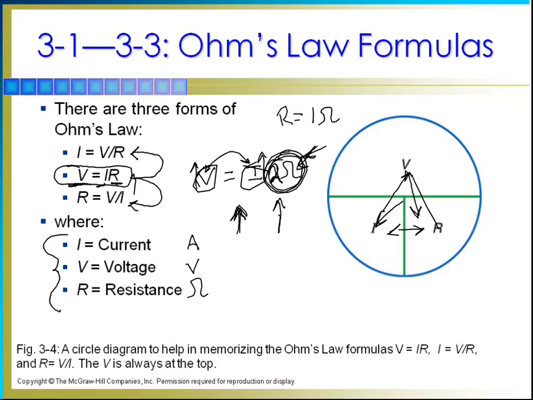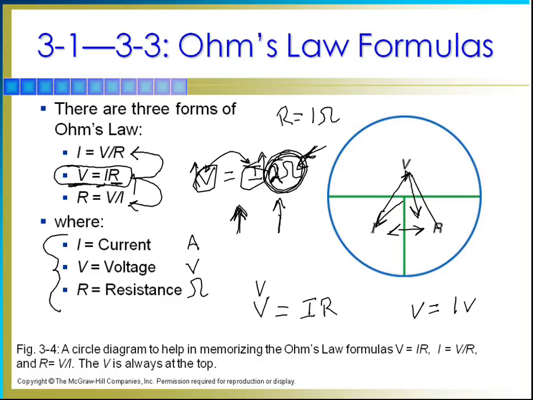However, that said, for a given voltage, we'll call voltage equal to 1, so it's constant.